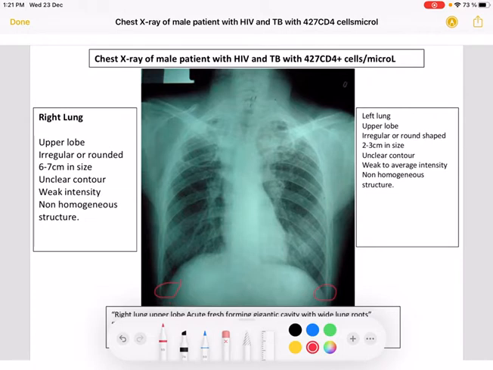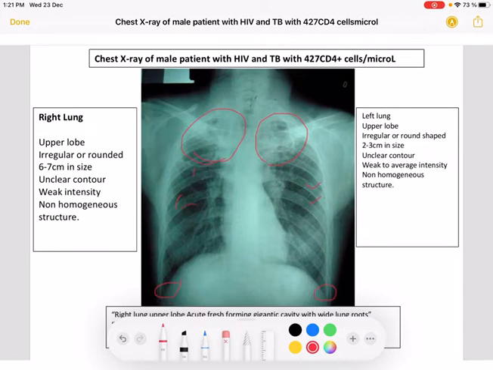Number two, if we see the lung ribs, they are also clear. Number three, we need to see that on the upper lobe of the lung there are some shadows. That is not clear.